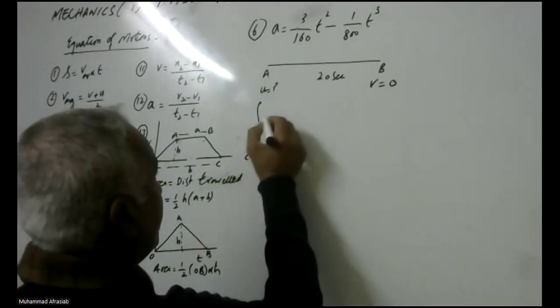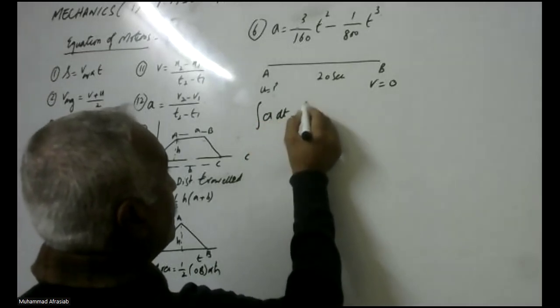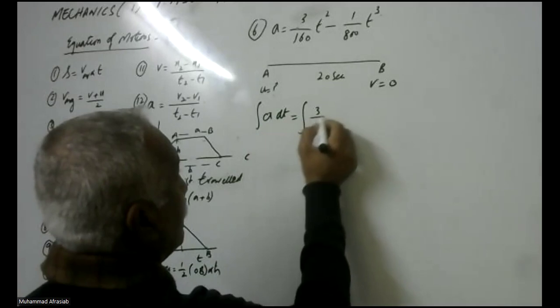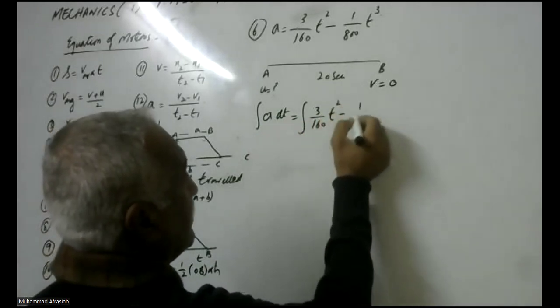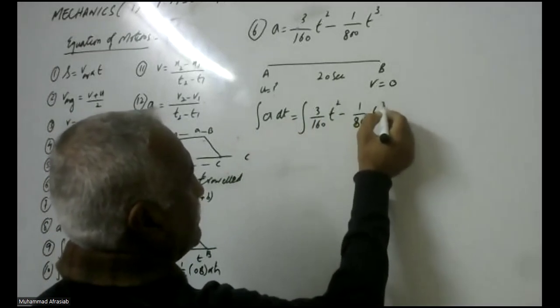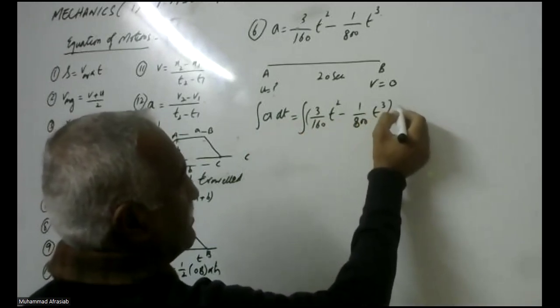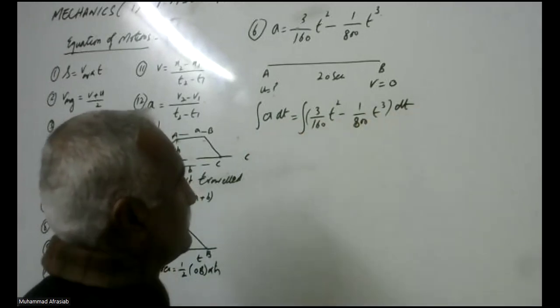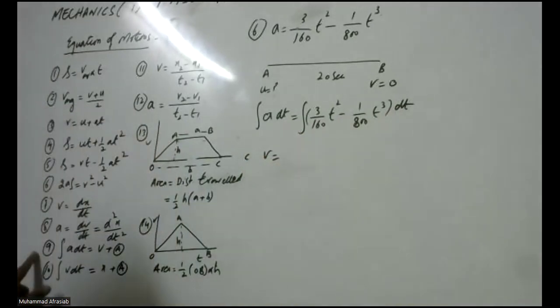The integral of a dt is equal to the integral of 3 over 160 t squared minus 1 over 800 t cubed dt.